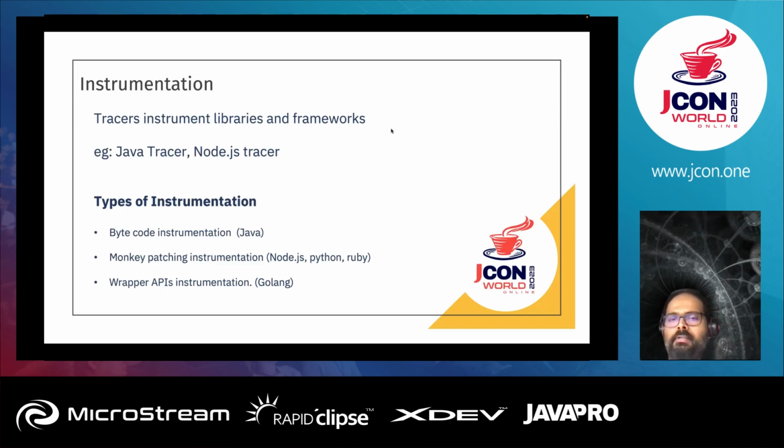The provider or the vendor who is supporting the tracer will give you a specific wrapper API, and the customer or whoever is using it will modify the application code a little bit to have these wrapper calls being made instead of making the actual service call. So these are the different types.